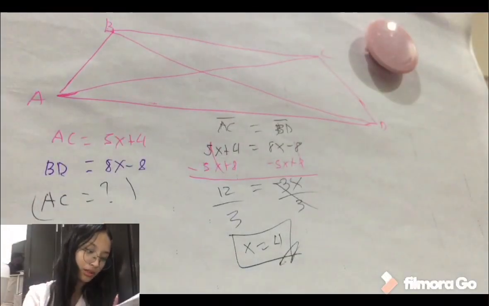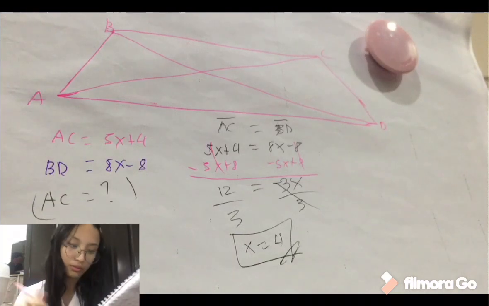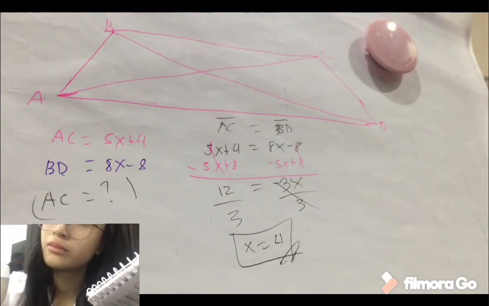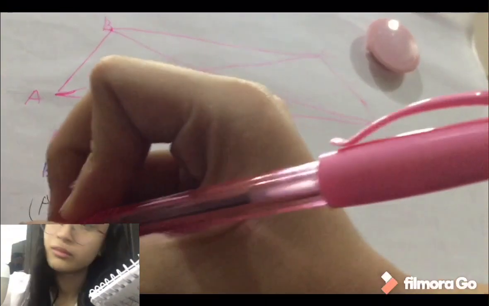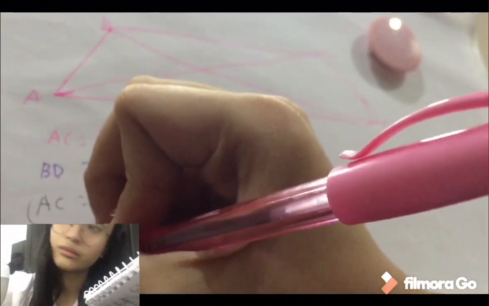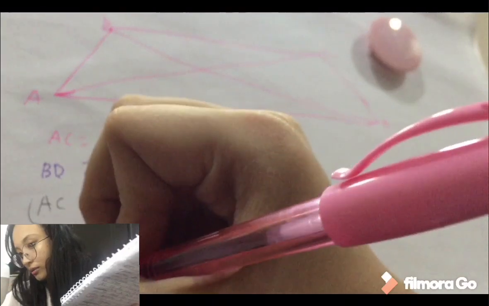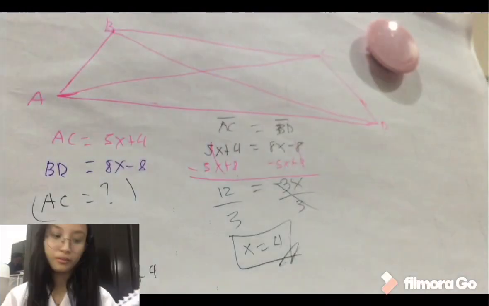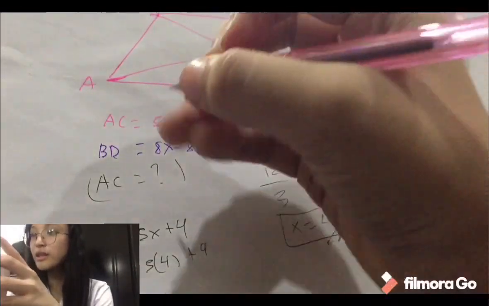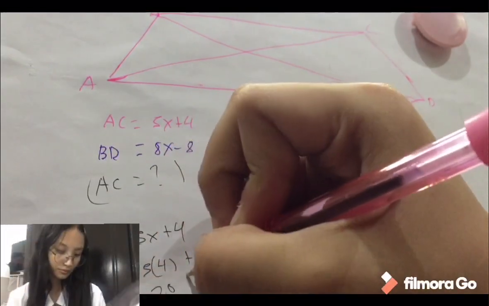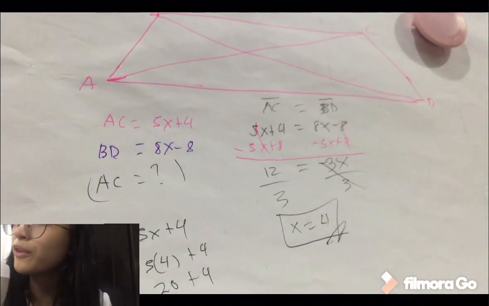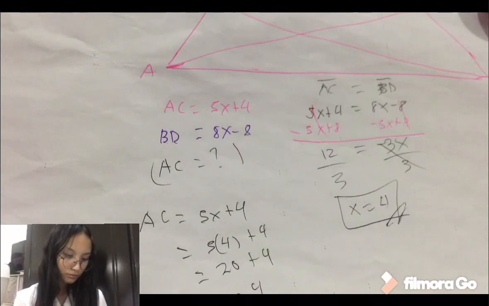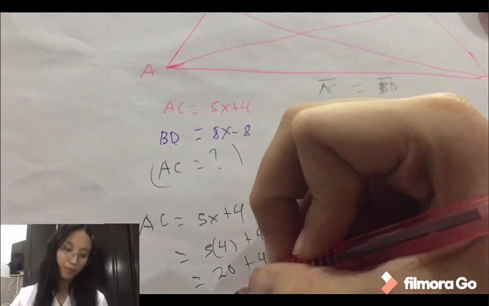So 20 plus 4 is equal to 24. That's the measure of AC in this example.